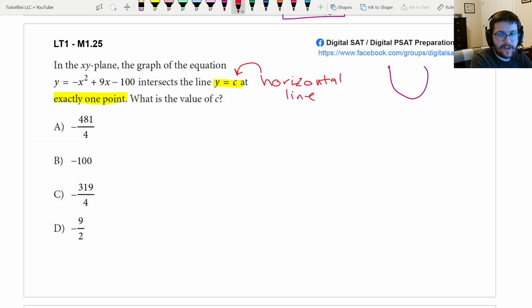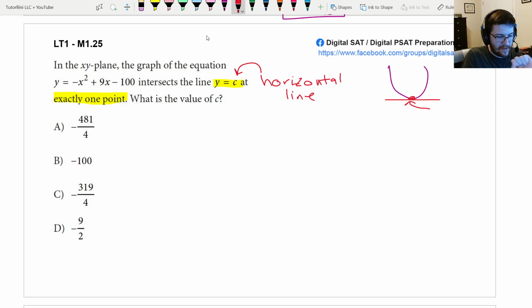Horizontal lines, if they intersect at one point, they have to intersect at the vertex right there. So that y equals c has to be equal to the y-coordinate of the vertex. You could also use the discriminant. You could substitute and then use the discriminant if you want.